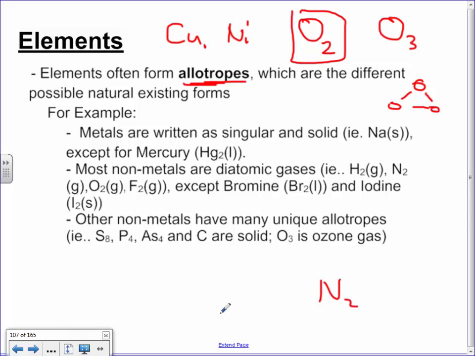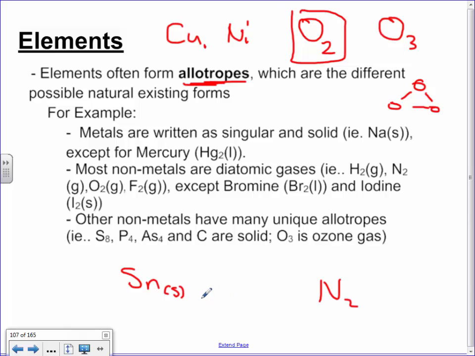It's Sn, and it's number 50. So here's my question: should you write a number after tin? Unless I've told you about one of these allotropes, no, don't worry about it. If it's not on this page right here, don't worry about it. You're just going to have one tin by itself, and we would say that tin is solid, because it's one of the black elements in the periodic table.